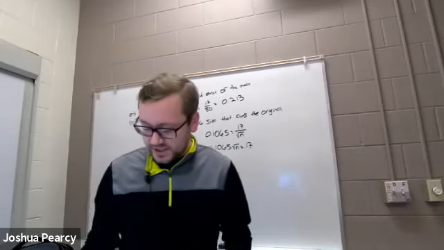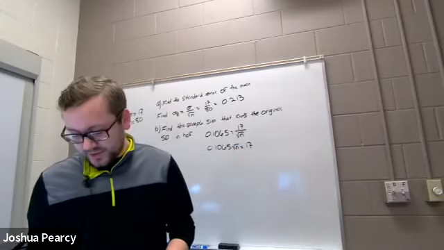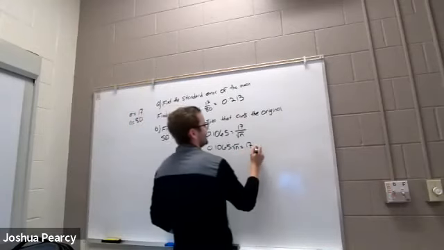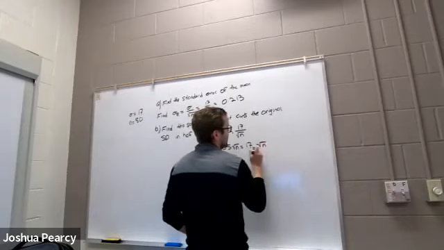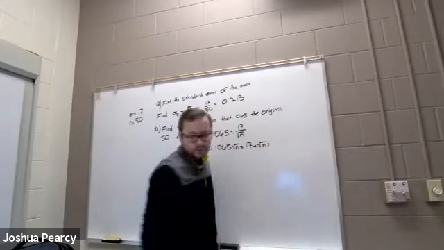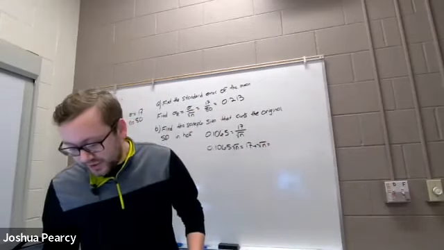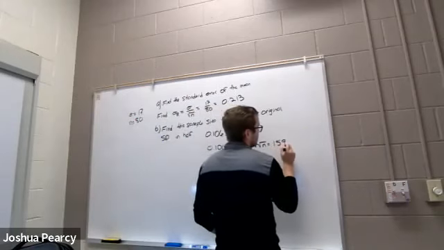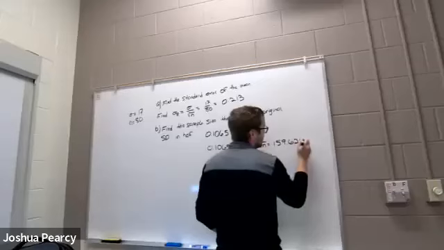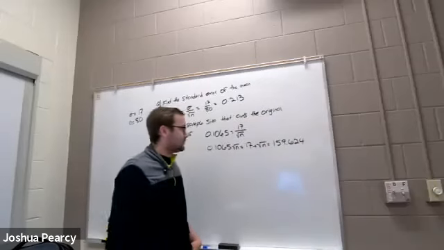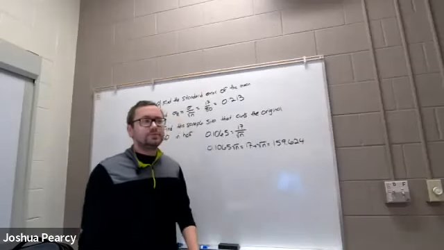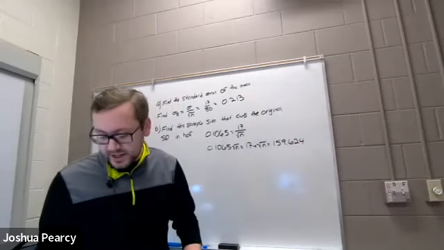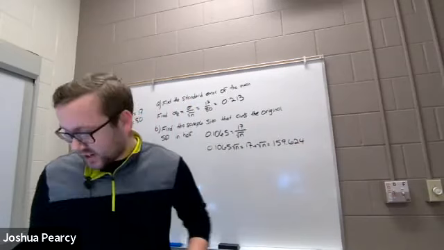You have 17 divided by 0.9505 is equal to 17.885.